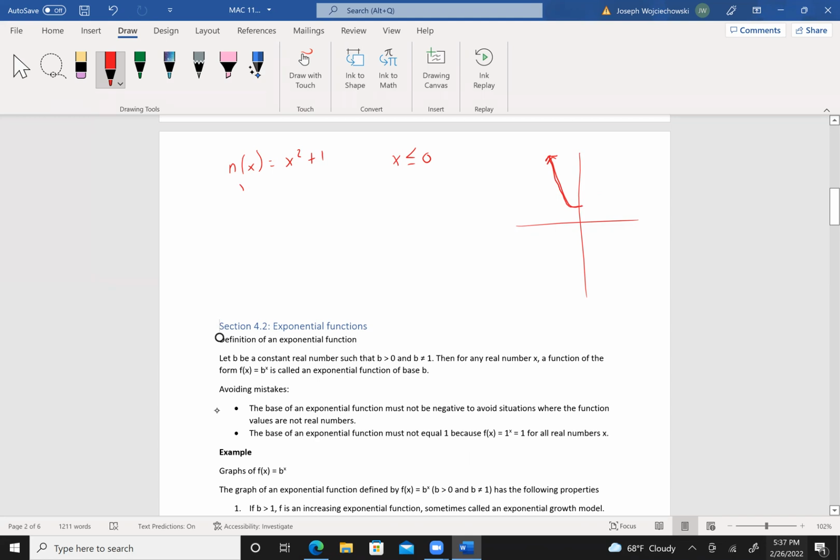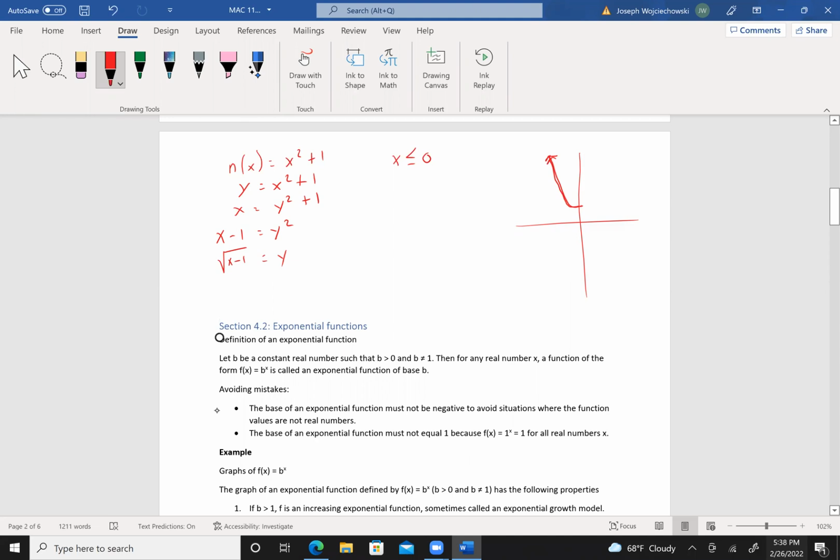Change n of x to y. Exchange x and y. Solve for y. x minus 1 equals y squared. y equals square root of x minus 1.